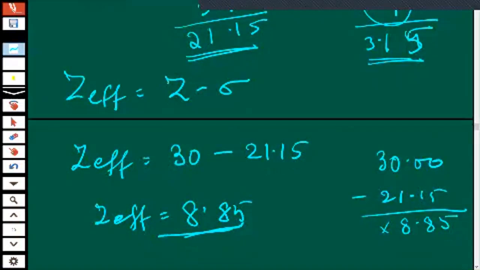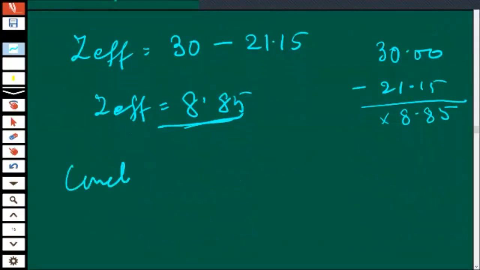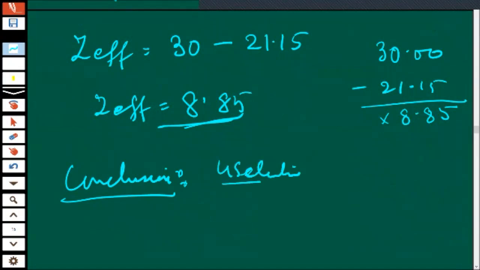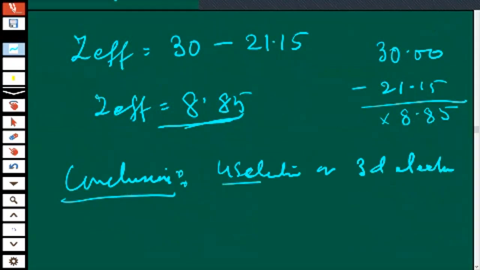Now tell me what is the conclusion? Which electron is tightly held towards the nucleus? The 4s electron or the 3d electron? 4s.